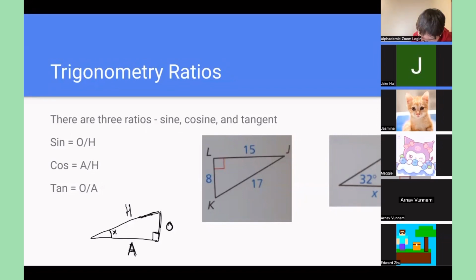So now let's really quickly work on these two problems. For this one, let's say this angle. Tell me what the sine, cosine, and tangent of this angle are equal to. And then once you're done, just put your answers in the chat box.